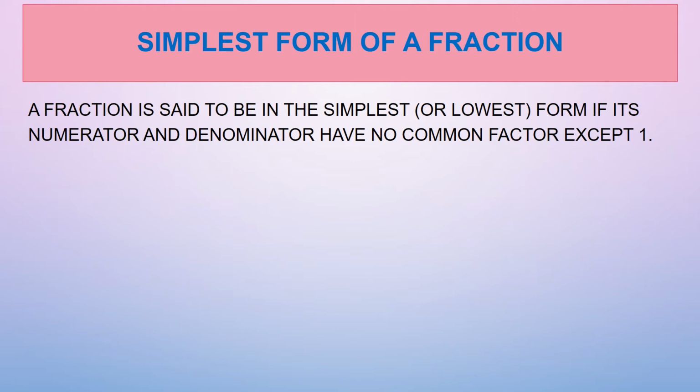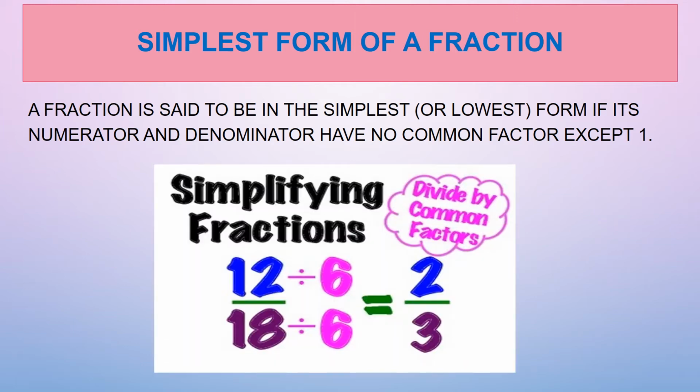Let's take one example. 12 upon 18. 6 is a common factor of 12 and 18. 12 divided by 6 upon 18 divided by 6 is equal to 2 upon 3. Now, the numerator and denominator have no common factor except 1. So, 2 upon 3 is the simplest form of the fraction.